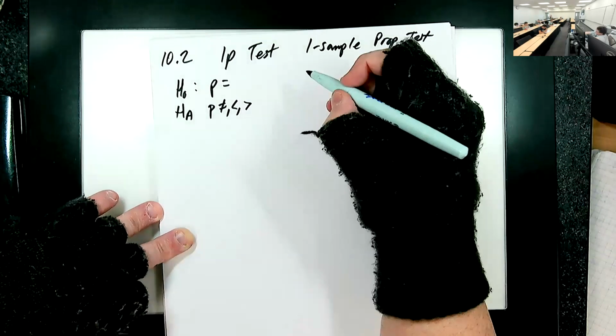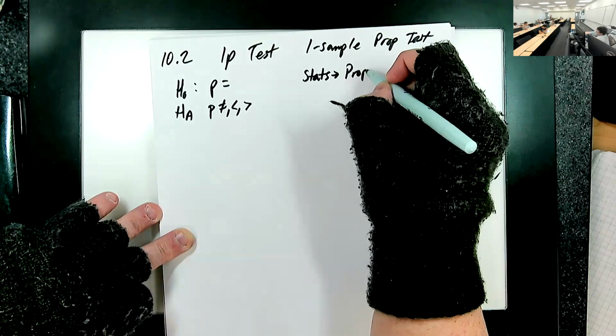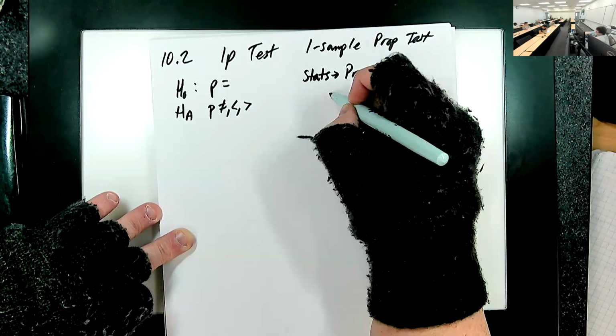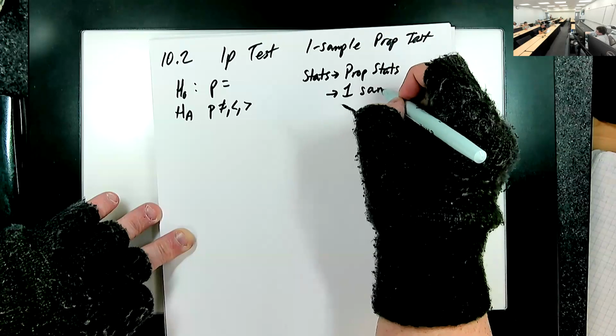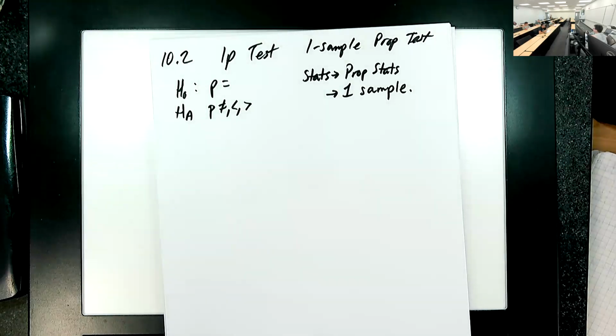And we did stats, proportion stats, one sample. If you had the data, you would use with data. If you just have the summary, like how many out of how many, 59 out of 60, that's the summary, you would do with summary.